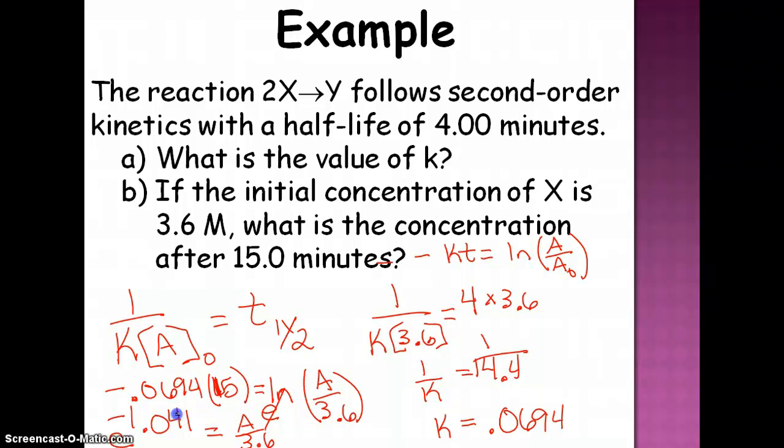If we do E to the negative 1.041, we get 0.353, and that's equal to A over 3.6. Cross multiply the 3.6 up, and that'll give you A. So A is 1.27. And the units are molarity.